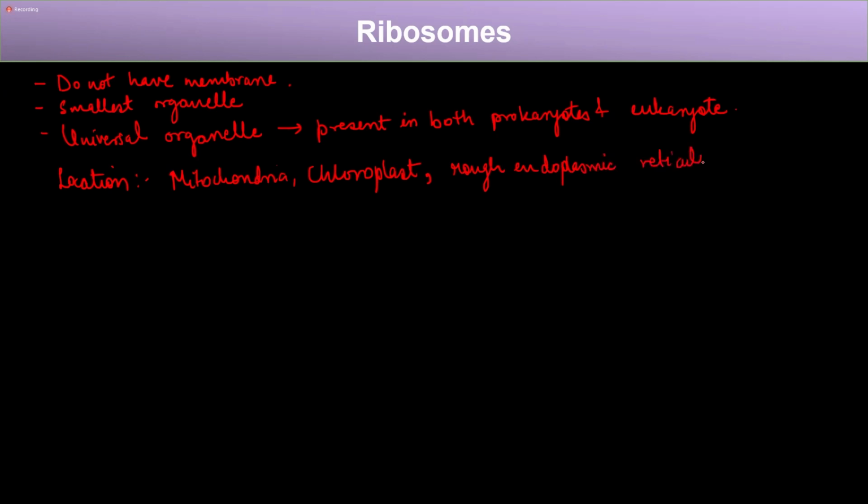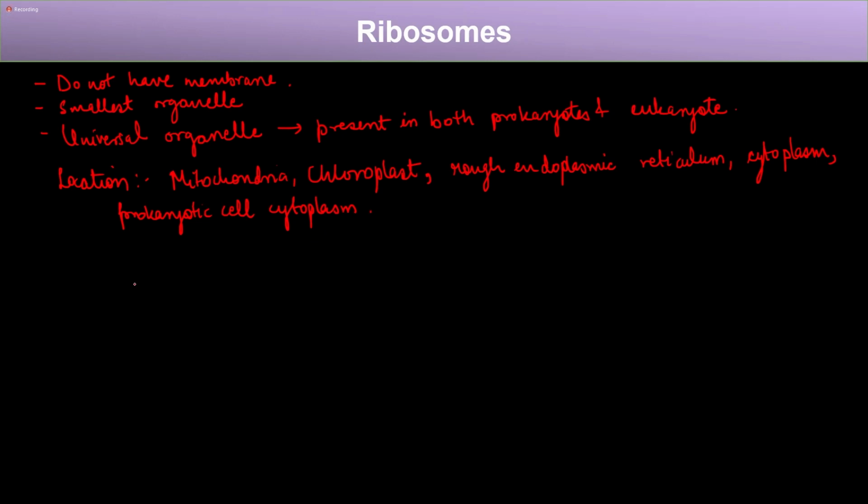It is also present in the cytoplasm. So in eukaryotes, these are present in mitochondria, chloroplast, rough endoplasmic reticulum, and cytoplasm. And in prokaryotes, these are present in the prokaryotic cell cytoplasm.